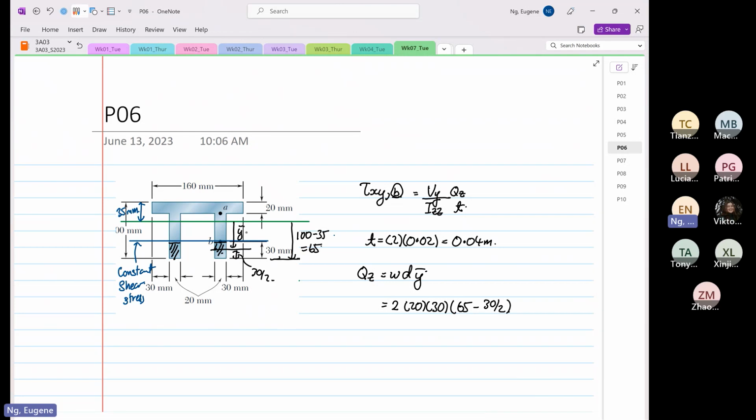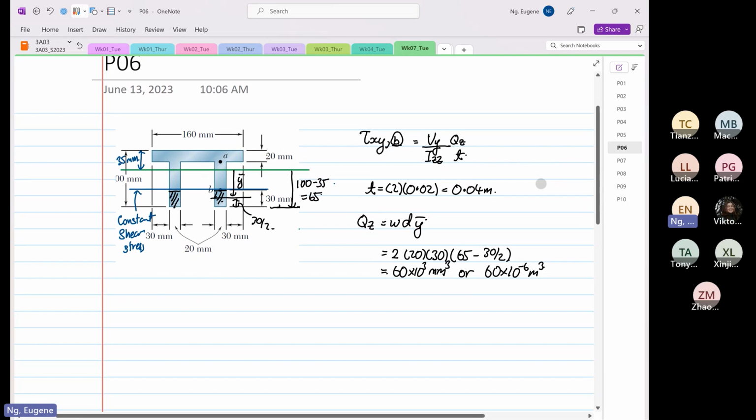So from here up to here, that is our y bar. So this will be equal to 65 minus 30 divided by 2, times 30, times 20, times 2, which is equal to 60 times 10 to the power 3 millimeter cube, or 60 times 10 to the power minus 6 meter cube.